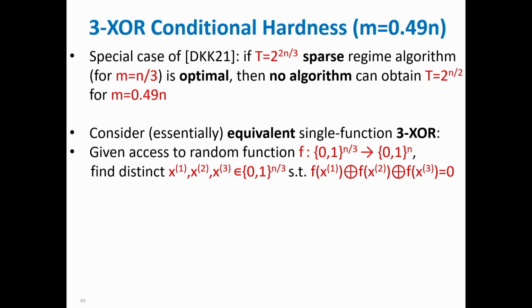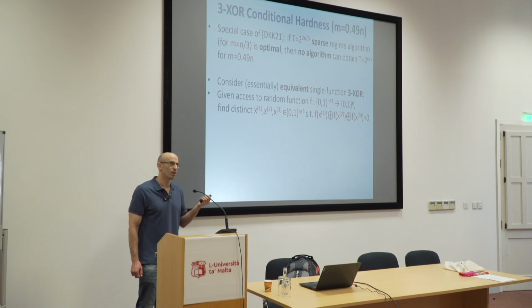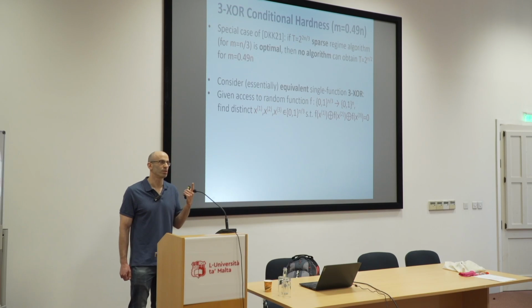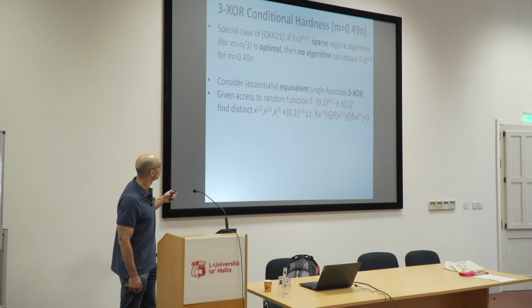The first thing I'm going to do is switch from a description of the problem where we have 3 functions and we're looking for inputs to 3 independent functions, to a problem where we have just 1 function, and we're looking for 3 inputs x1, x2, and x3 to the same function such that the XOR is equal to 0.